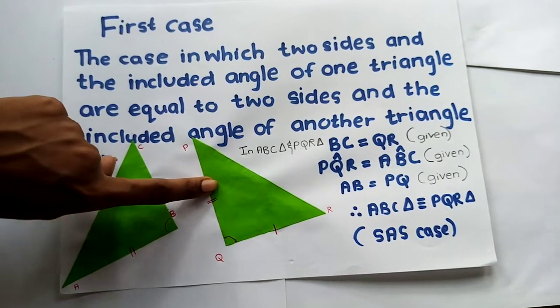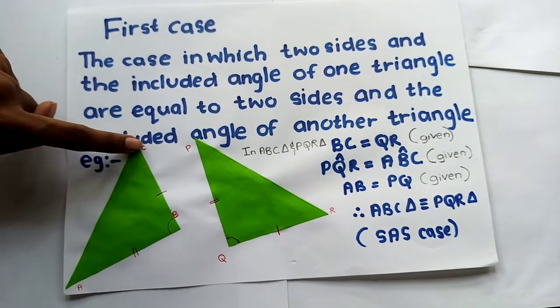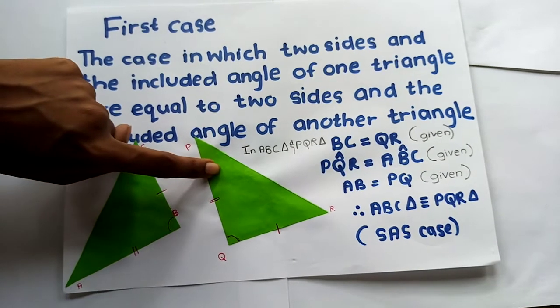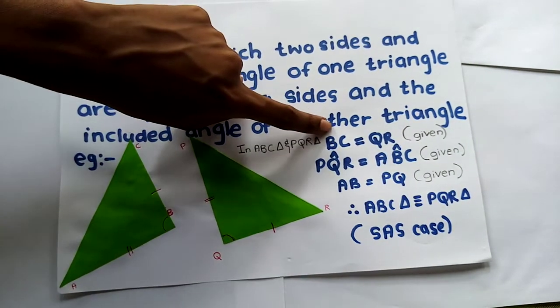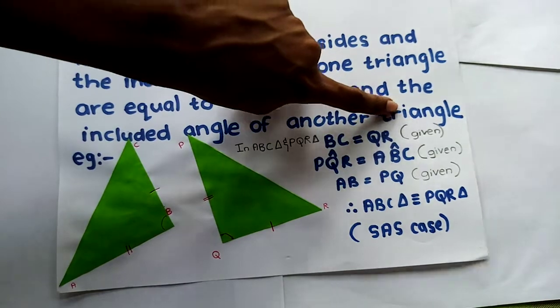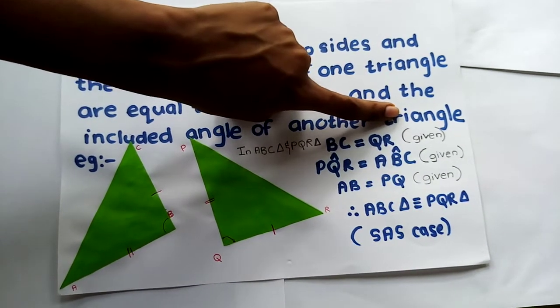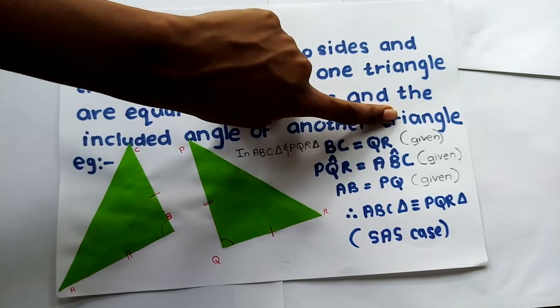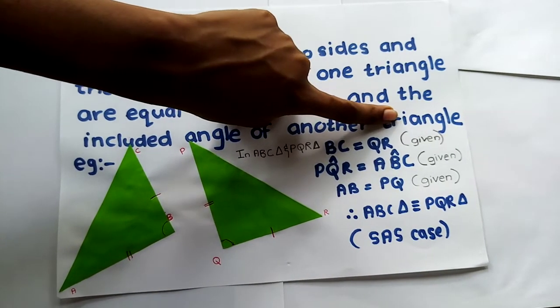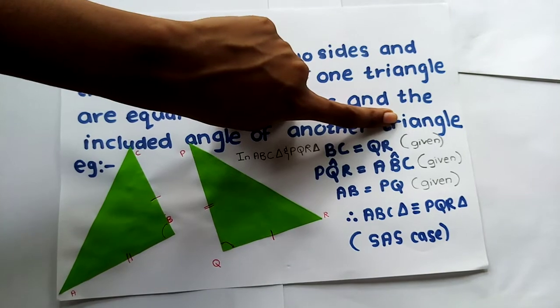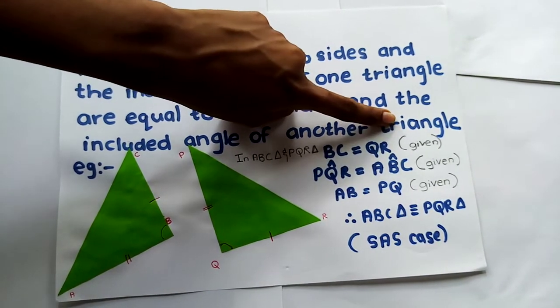So we can write in triangle ABC and PQR, BC is equal to QR. It's a given data. When you are writing something in geometry, it's very important to mention why you wrote that particular point. That means the reason, the relevant theory for that thing.